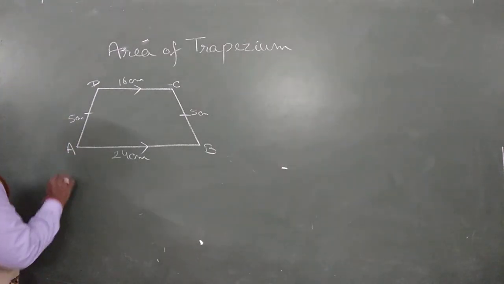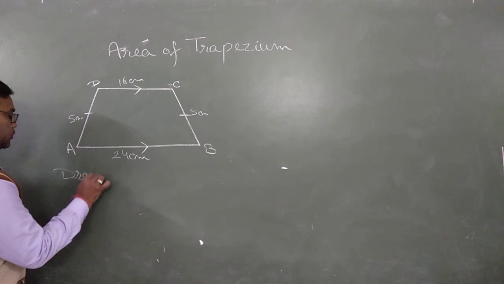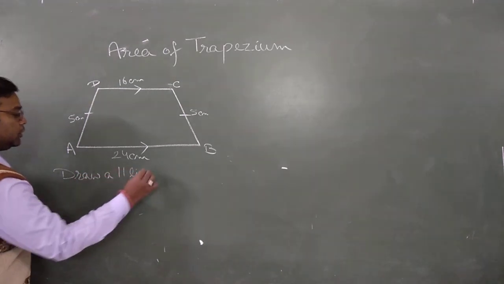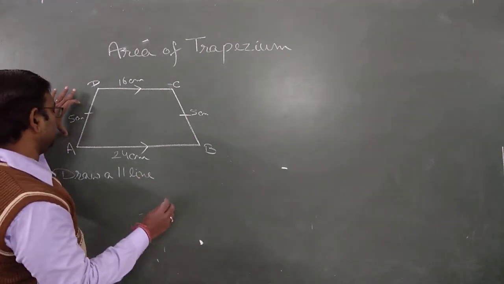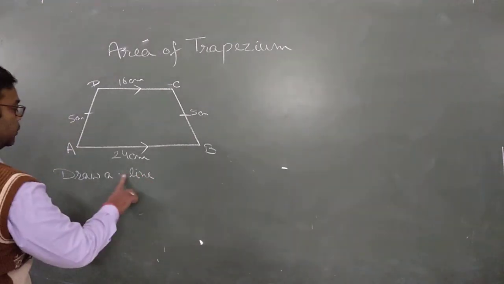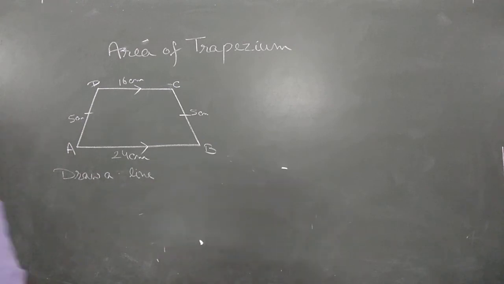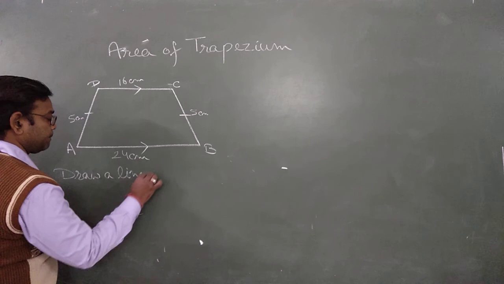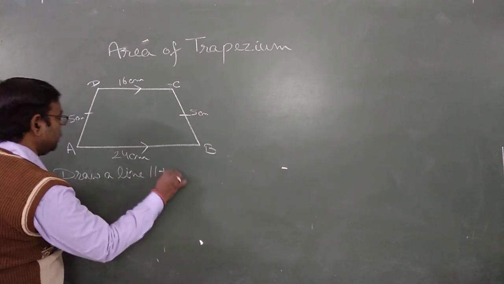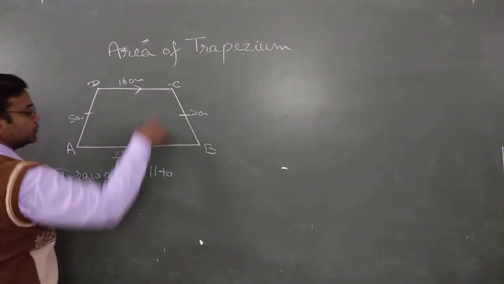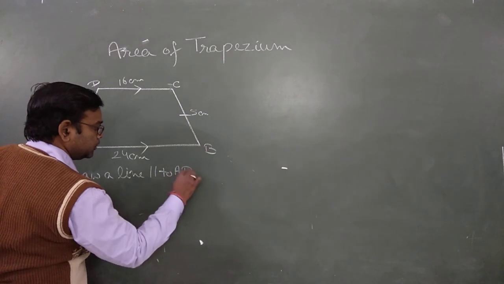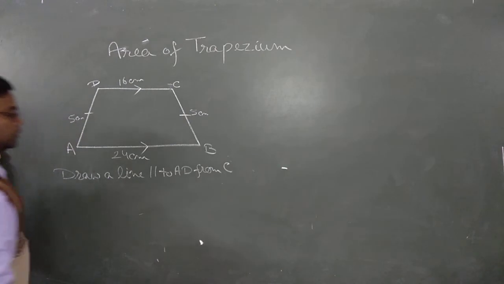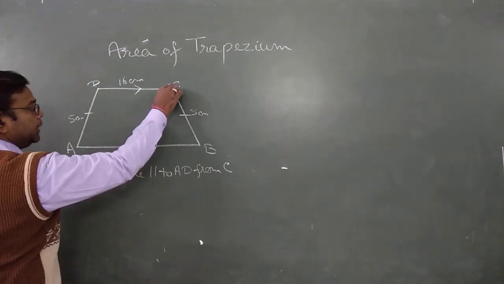So here we can write down, draw a line parallel to AD from C. So this is your parallel line.